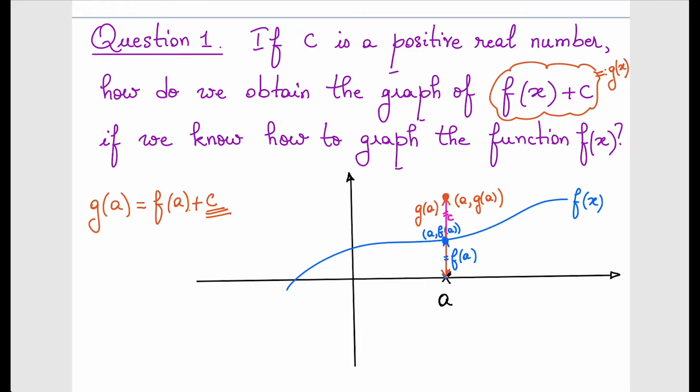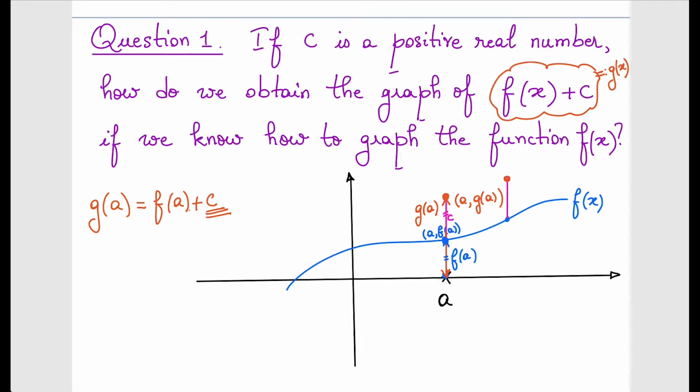And now, this point a happened to be arbitrarily taken in the domain of the function f. If you do it point by point, it means every point on the graph of f is going to be shifted upward by c units to get to the corresponding point on the graph of g.